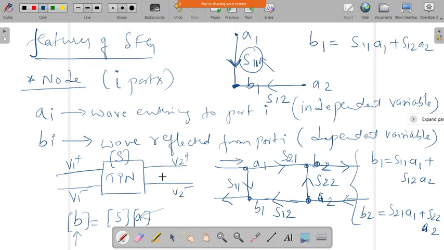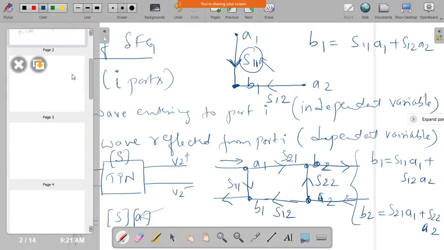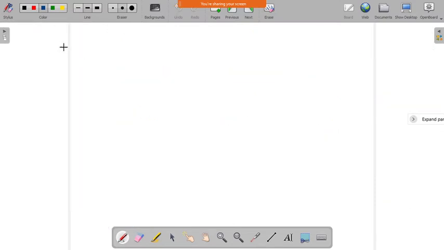Okay, so now let us take any network which has a source and load. How can we represent the signal flow graph? Let us take a two-port network here.